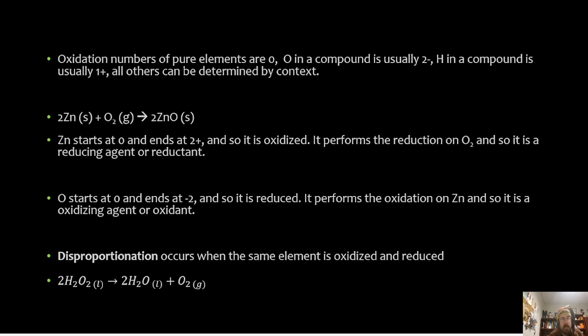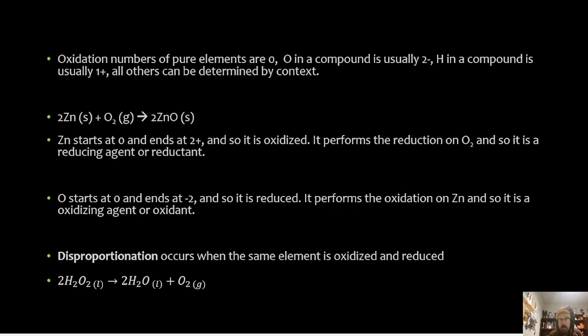So the following reaction: zinc solid plus oxygen gas goes to zinc oxide. That zinc starts at charge 0 because it's a pure element and ends at 2+ because oxygen is 2-. So zinc must be oxidized. It is losing electrons.